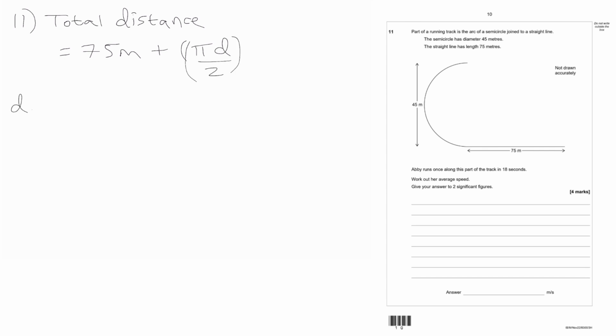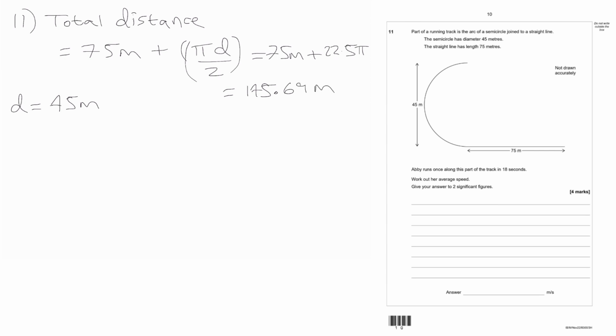And so if we know that d is equal to 45 meters, then this is going to be equal to 75 meters plus 22.5 pi. And this gives us a value of 145.69 meters.